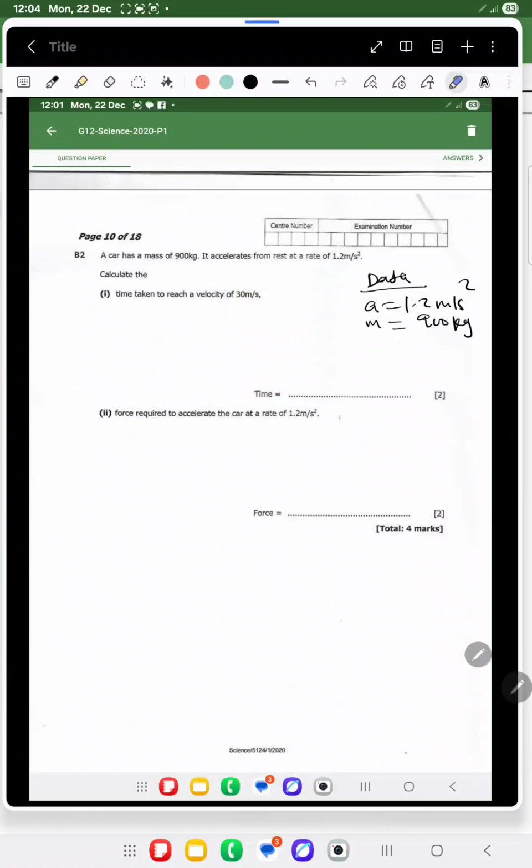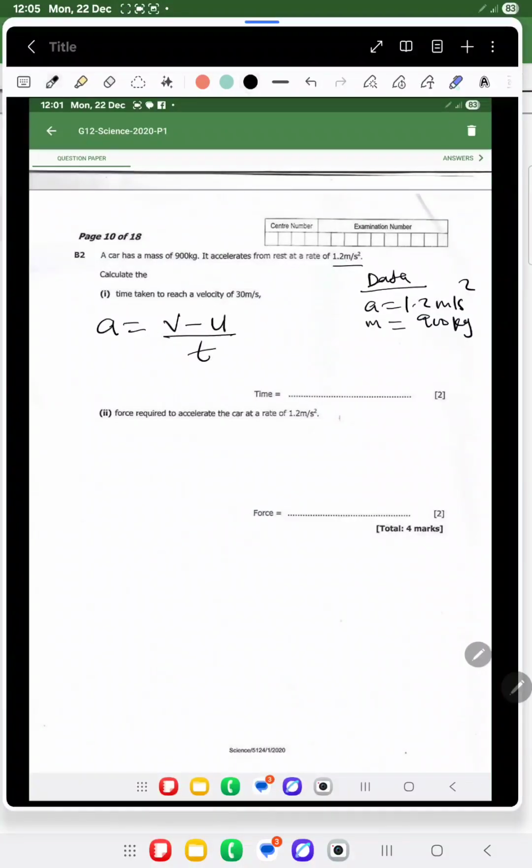Now the question is, find the time taken to reach the velocity of 30 meters per second. So here you just need to start by writing the formula for time or acceleration. Since we are given acceleration here, we're supposed to start by writing the formula for acceleration, which is acceleration is equal to final velocity minus initial velocity over time.